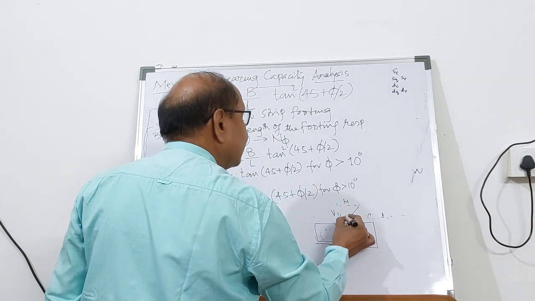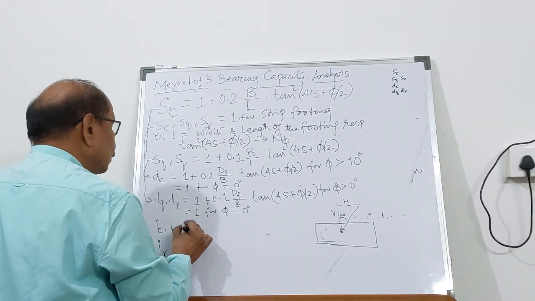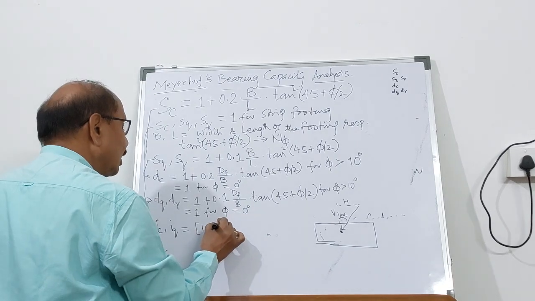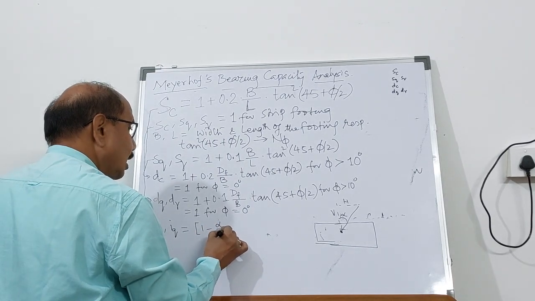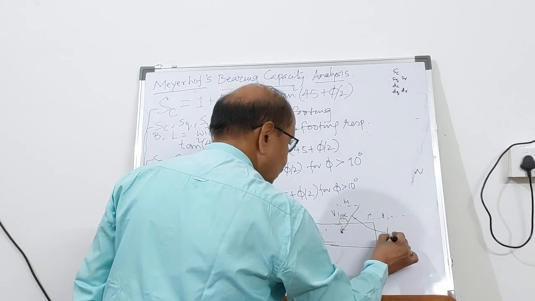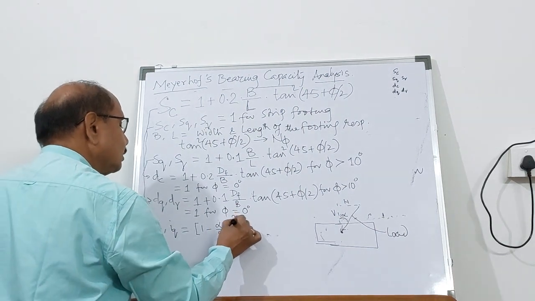This angle is called angle alpha. So i q is given as 1 minus alpha by 90 degrees, all squared.